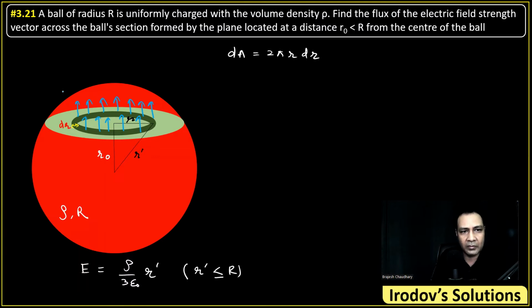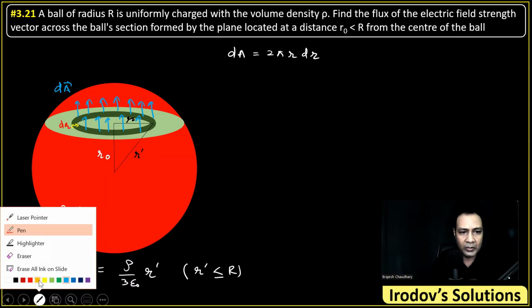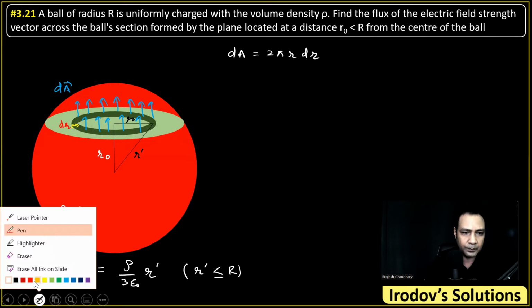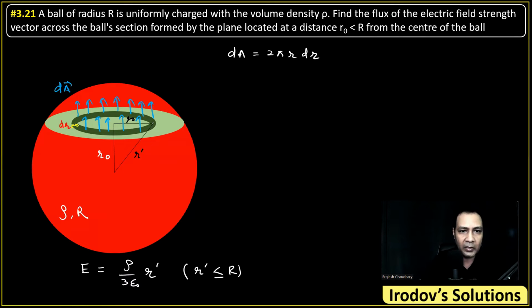This area vector is the dA vector, and at this point the electric field vector would be along this direction, radially away. So this is the electric field vector E and the dA vector.